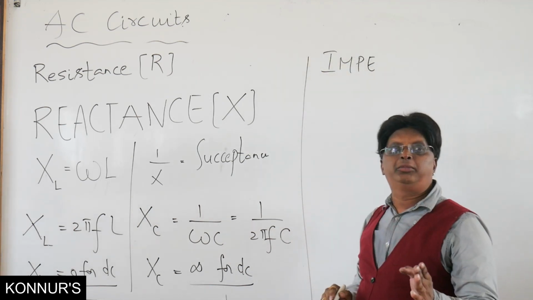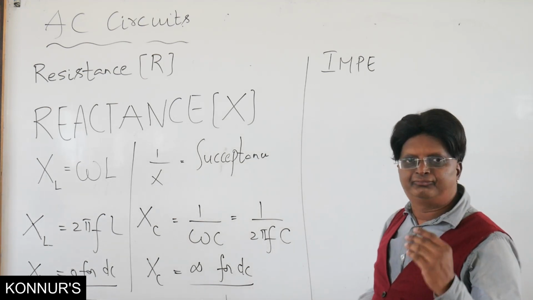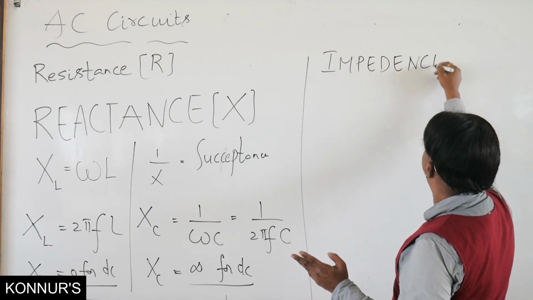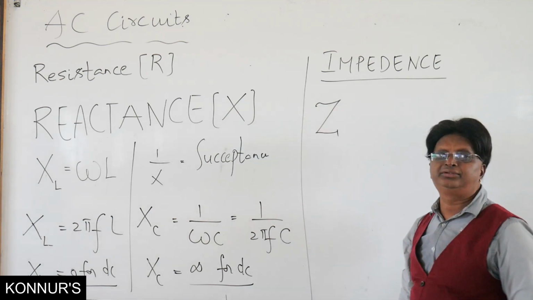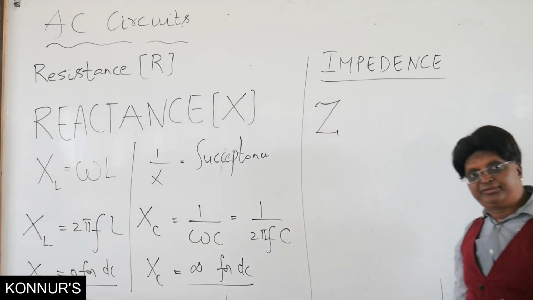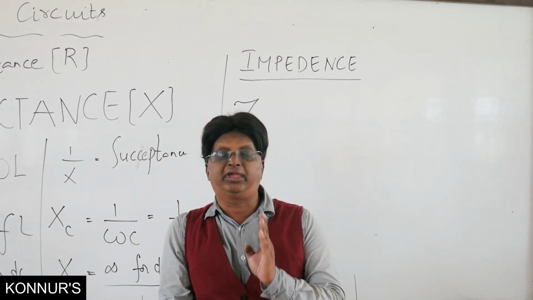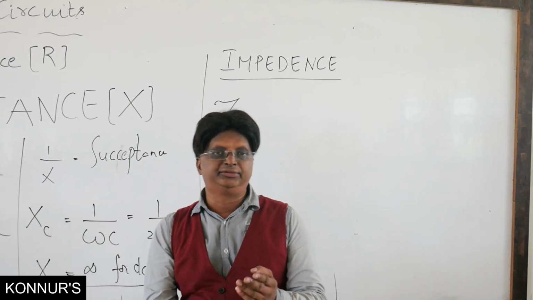You remember the terminology and the expressions I am telling you; scoring is so easy. Impedance, and the symbol we are using is capital Z. Impedance is analogous to resistance, the effective resistance, so the same unit, ohm, and the same dimensions as resistance.